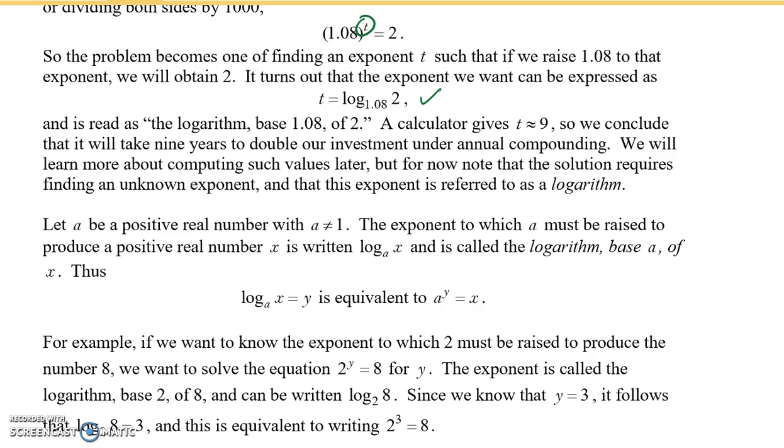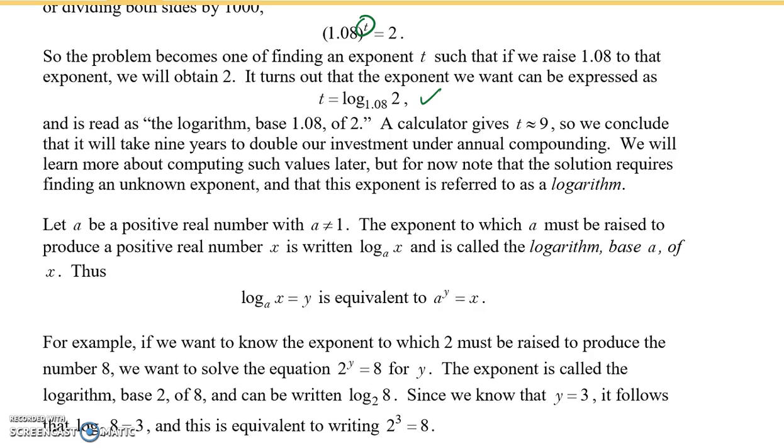You could check that by taking 1.08 to the 9th power and verifying that that's very close to being equal to 2. So as I said, we'll learn about computing or approximating such logarithmic expressions later. But for now, note that the solution requires finding an unknown exponent, and that this exponent is referred to as a logarithm. So perhaps the most important thing to remember about logarithms is that they represent exponents.